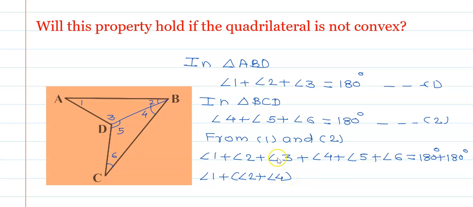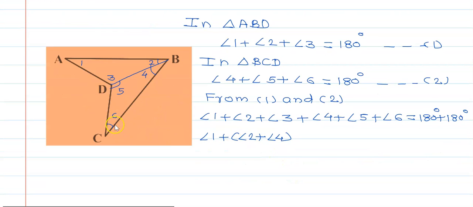Next, I will write here only angle 6 because it is treated as angle C. And next is angle 3 plus angle 5. This is the sum, and this equals 360.